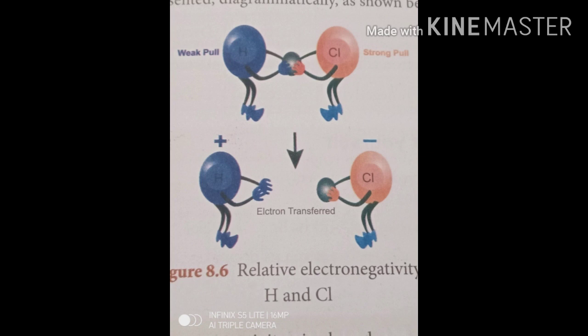So, we can easily remove the electron. The ionization energy decreases down the group in the periodic table. As the positive charge increases, the size of the cation decreases. As the negative charge increases, the size of the anion increases.